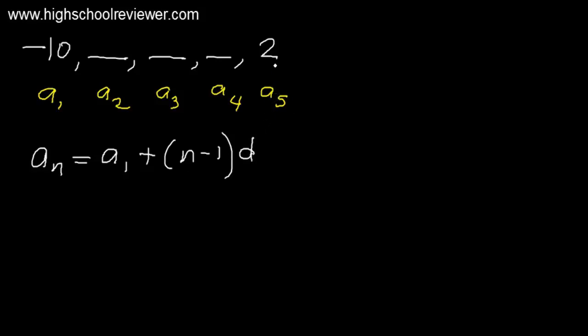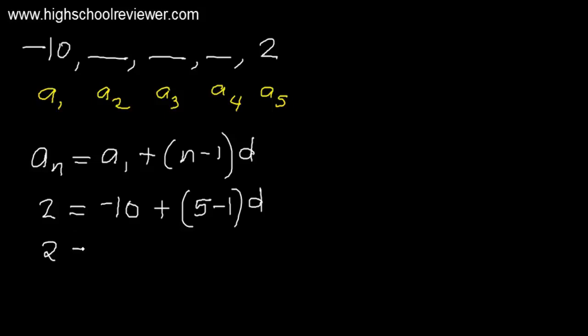So our a sub 5 here is positive 2. So we will have here 2 is equal to a sub 1. The value of a sub 1 is negative 10, plus our n here will be, since this is the fifth term, 5. So 5 minus 1 multiplied by d.